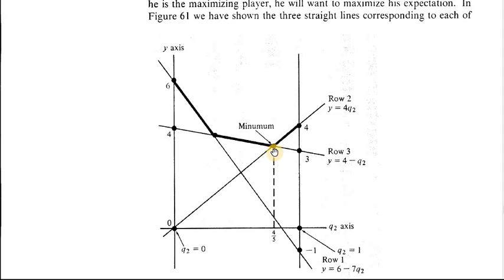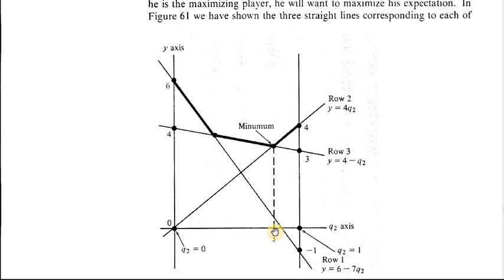Right? So it's basically just the flip side of the previous case. You can say this is the minimax. This 4/5 represents the probability Q2, which is the probability of choosing the second column for the column player. So that gives me my optimal strategy for the column player.